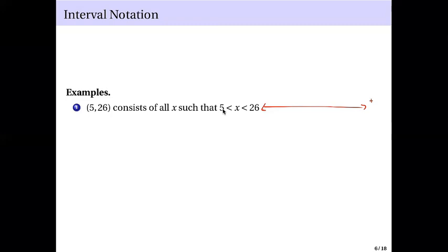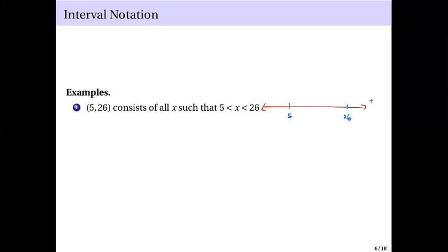For example, in here you have 5 and 26. And say this is your 5 here, and just say this is your 26. Okay? And then we want this interval.